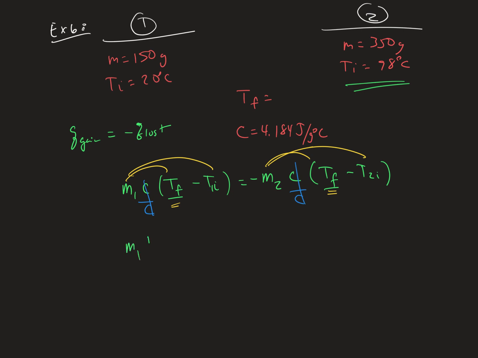So M1 TF minus M1 T1I equals negative M2 TF minus times the negative is a plus M2 T2I. Any questions on how I got that? We good?